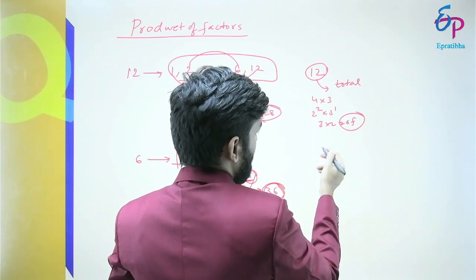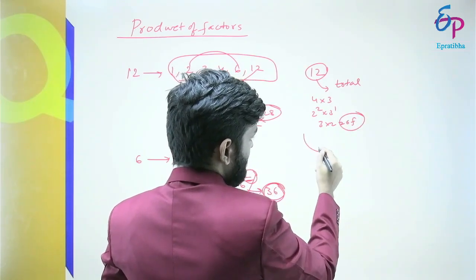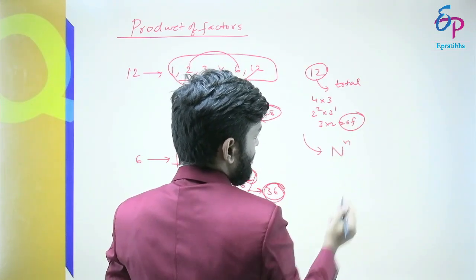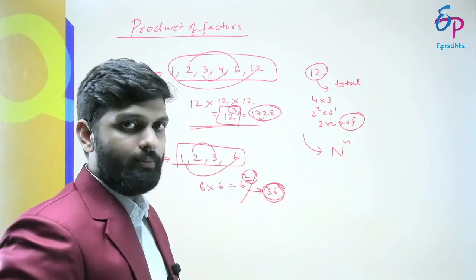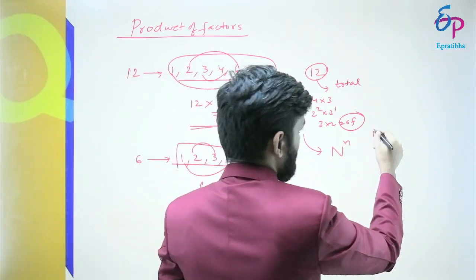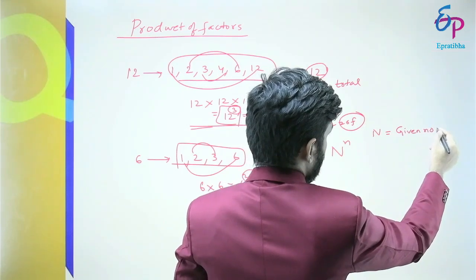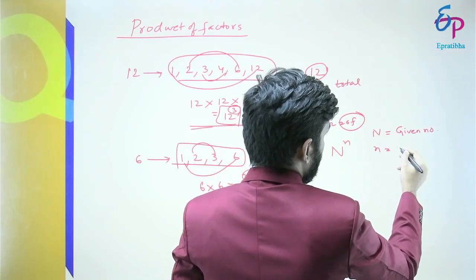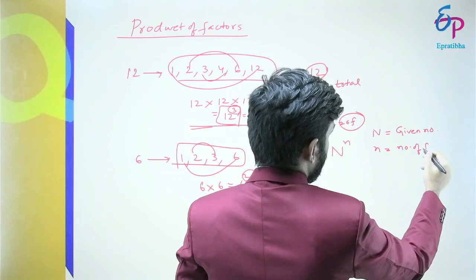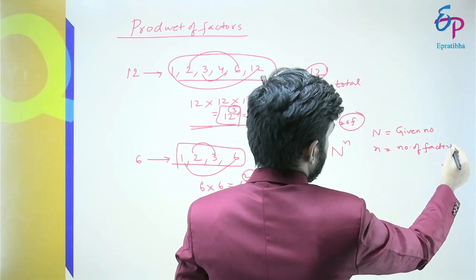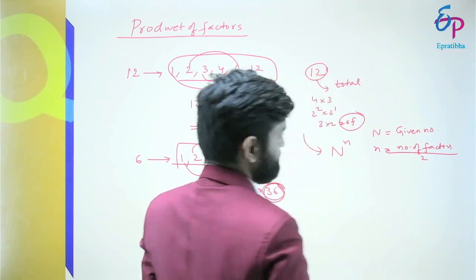Just you have to take the answer as capital N power small n. What is the capital N? Capital N is nothing but the given number. Small n is nothing but number of factors divided by 2.